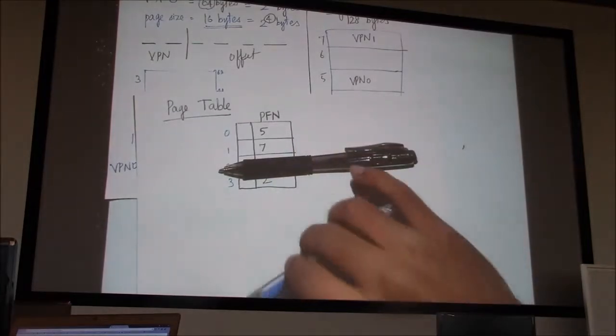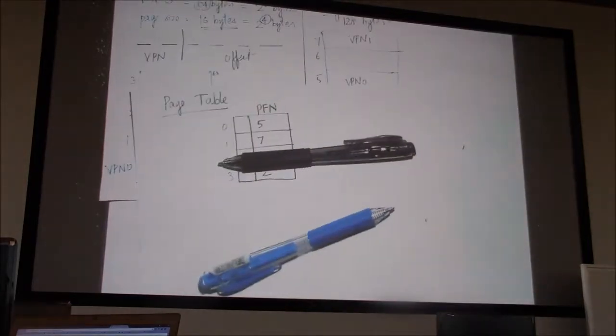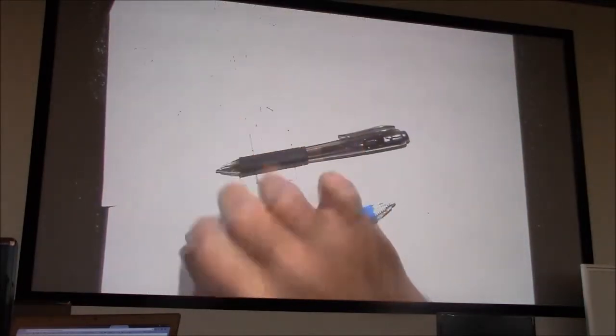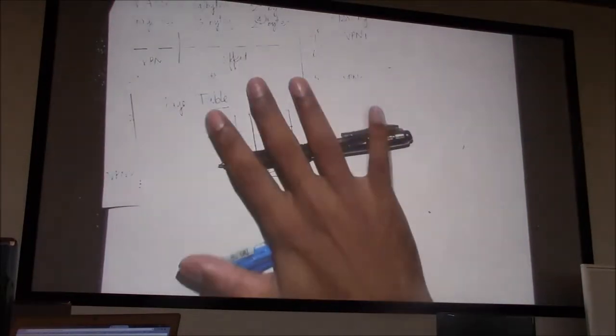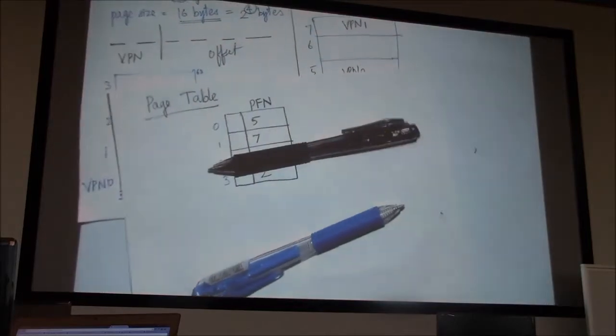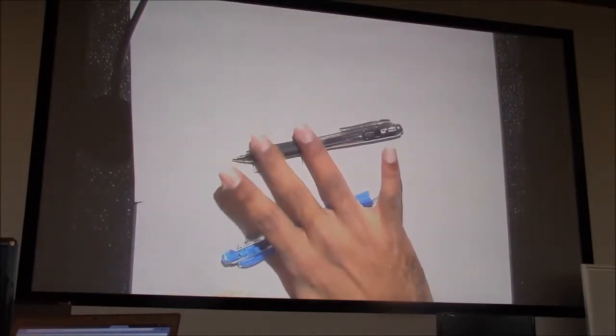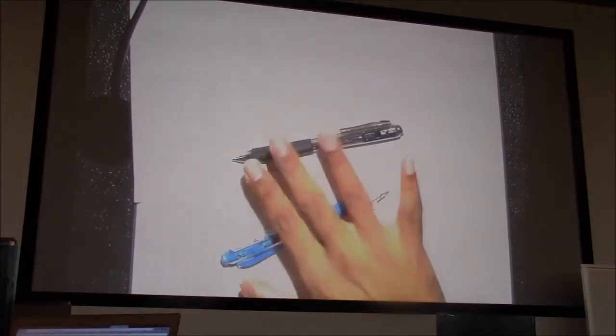Okay, let's try now. I just removed my wedding ring, but it's still happening. Maybe it's my finger, my nails.